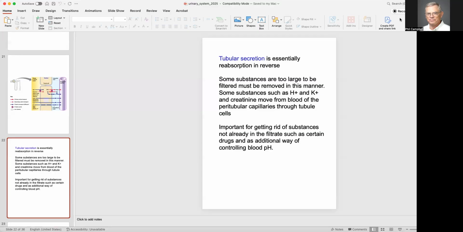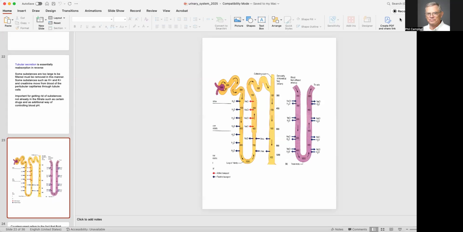If you have a huge increase in potassium, that's going to have a negative impact on your membrane potential. So the body needs to regulate those interstitial concentrations of potassium. If they get so high that I can't get rid of them by simple filtration, I have to have additional secretion of that potassium in order to drive those levels down. All right.